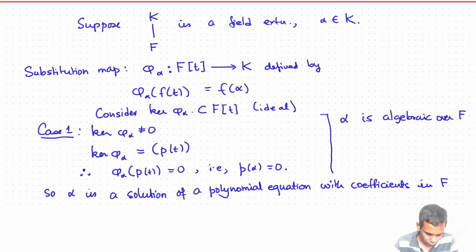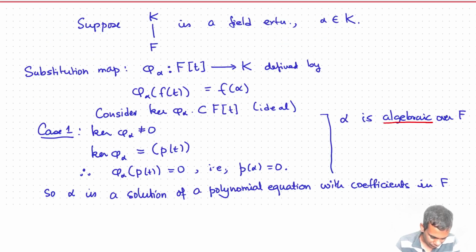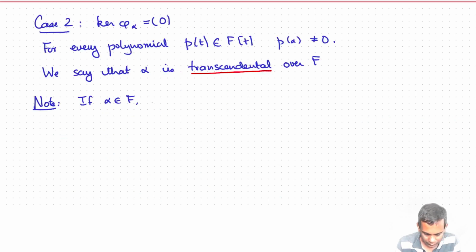Okay, so we have two kinds of elements in a field extension. Either an element is algebraic or it is transcendental. Now note right off one simple fact that if alpha is in the small field F itself, if alpha belongs to F, then take P(t) to be t minus alpha.